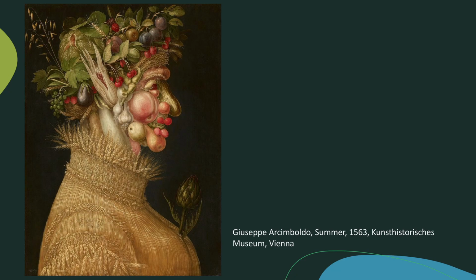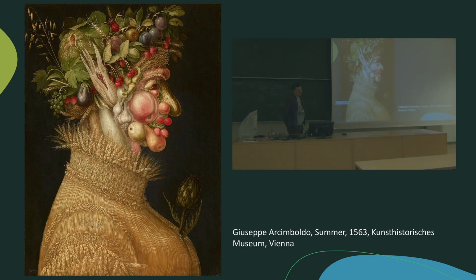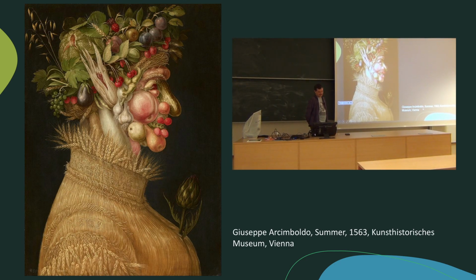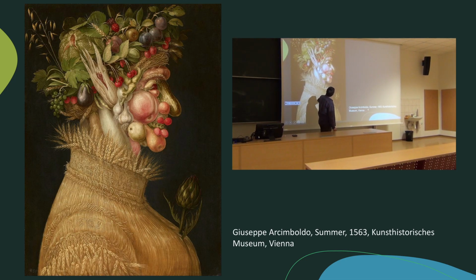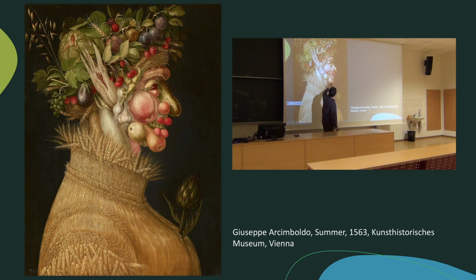Okay, another example how Renaissance realism is a completely different type of realism than what you hear when you hear realism. Is this realistic? Well, in some ways, yes. It's a realistic apple, or realistic cherries, realistic cucumber, realistic corn.